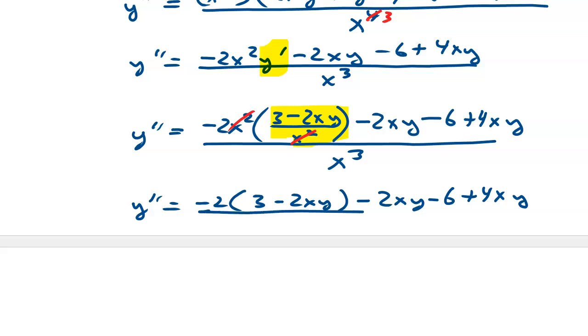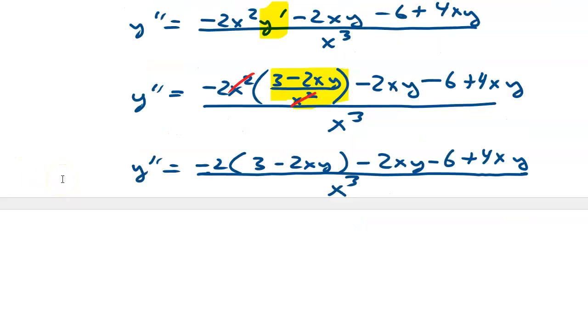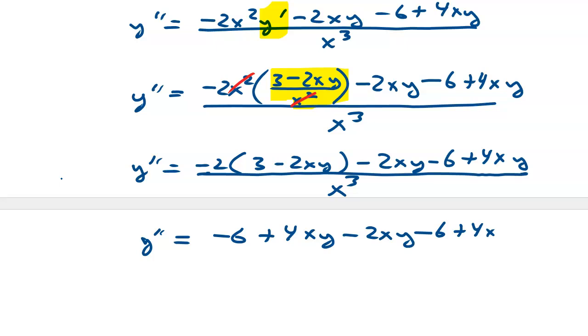And all that is over x cubed. All right, so we have here y prime, I'm going to distribute that negative 2. So we're going to negative 6 plus 4xy minus 2xy minus 6 plus 4xy.